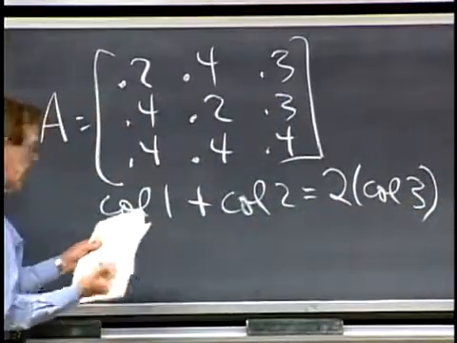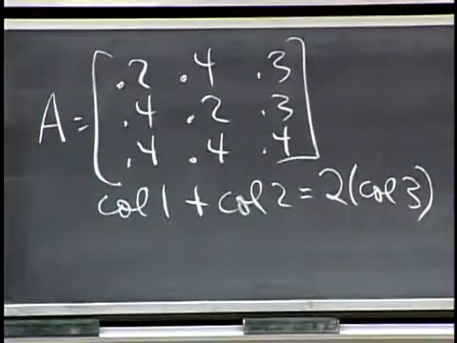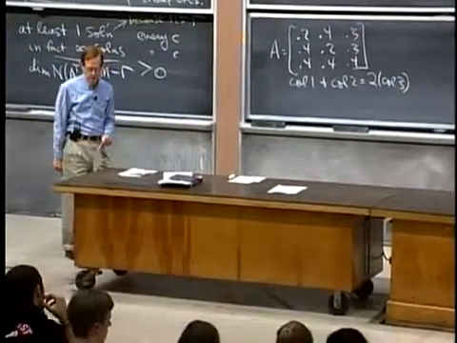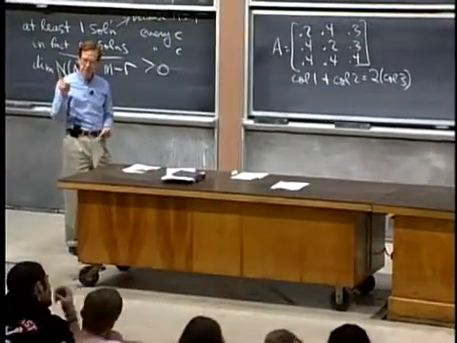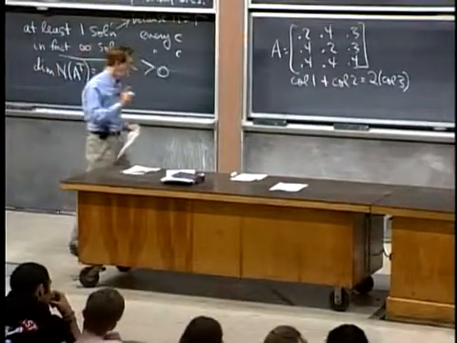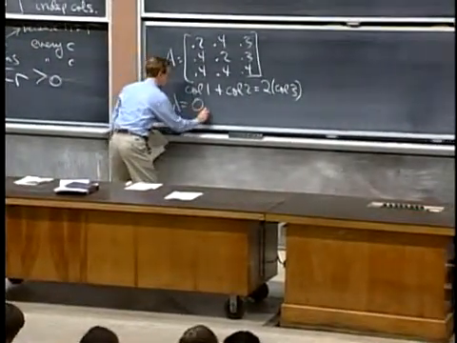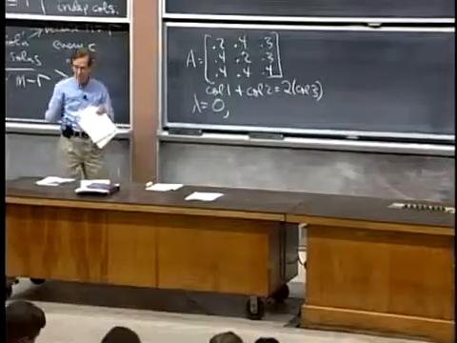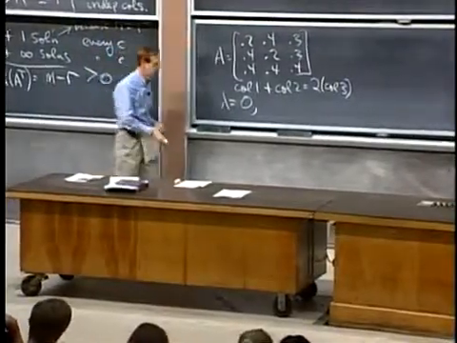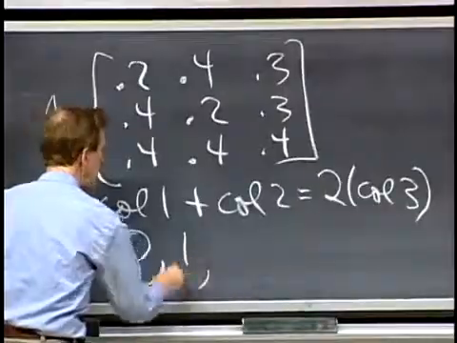Okay, tell me the eigenvalues of the matrix. Tell me one eigenvalue. 0, because the matrix is singular. Tell me another eigenvalue. 1, because it's a Markov matrix.